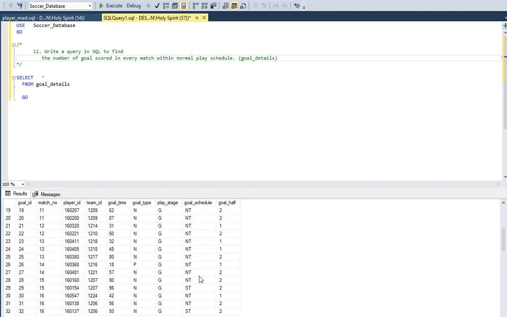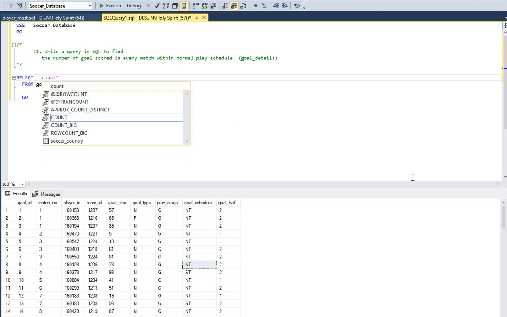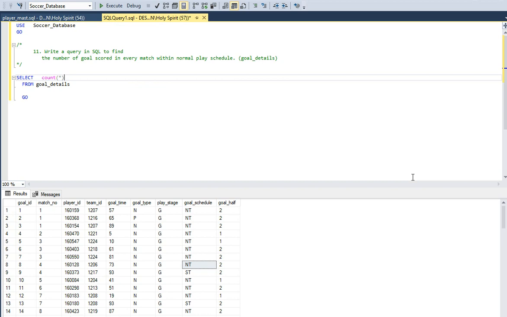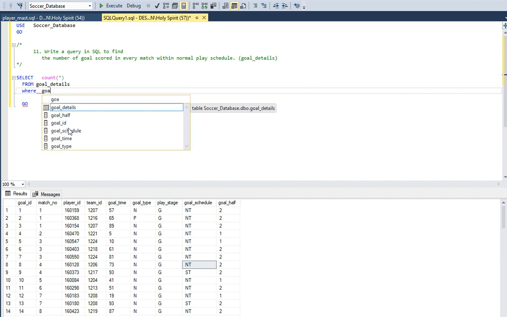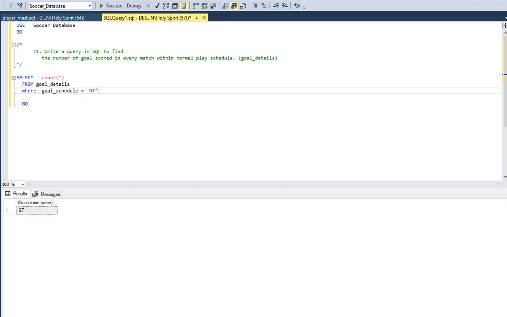It's NT, not ST. So count, where goal schedule is equal to normal play schedule. So NT, execute. 97. Number of goals scored.